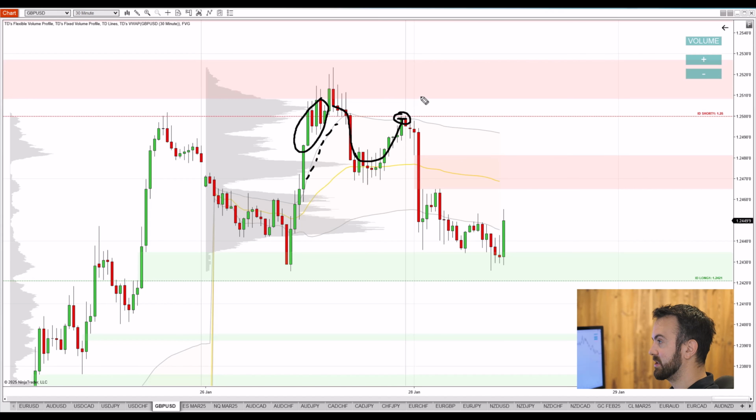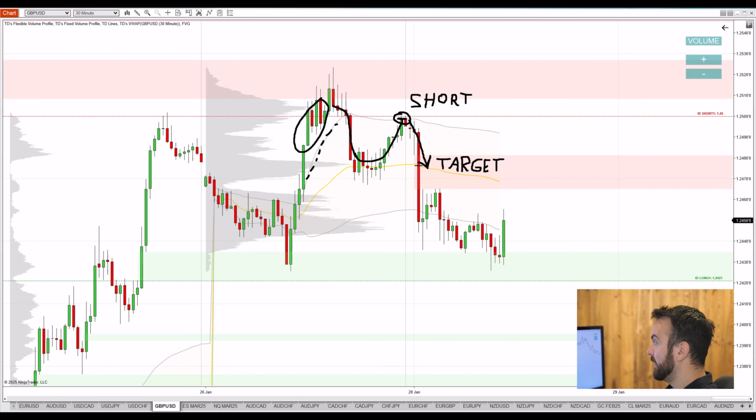So this is the short trade entry. As you can see, the price reacted very nicely to it. And the target, the take profit, would be at this yellow line right here. Okay, that's how you trade this setup, and that's how I was trading this yesterday as well.